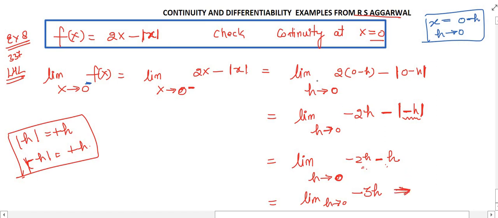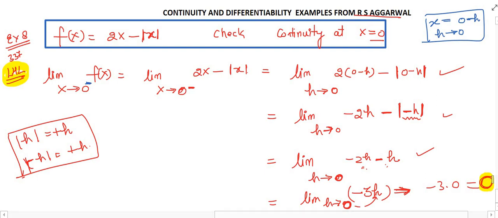Once we have simplified all the steps, solving means putting the value h equal to 0 here. So minus 3 into 0 is 0. So this is my LHL, and my LHL value is 0.